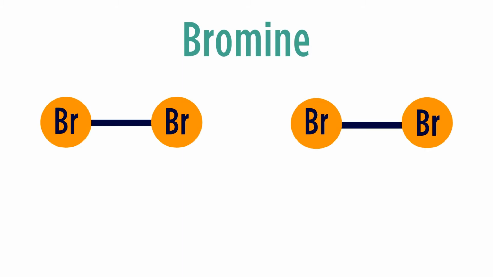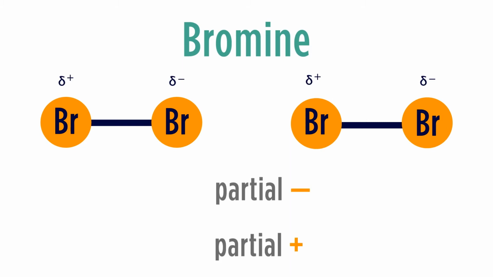Let's consider bromine. Bromine is a very electronegative atom. It likes to have a high electron density. So if we consider two bromine molecules, Br2 and Br2, normally they are nonpolar. But if at any one time we end up with a little bit more electron density on one side of the bromine than the other, we can end up with a partial negative and a partial positive.